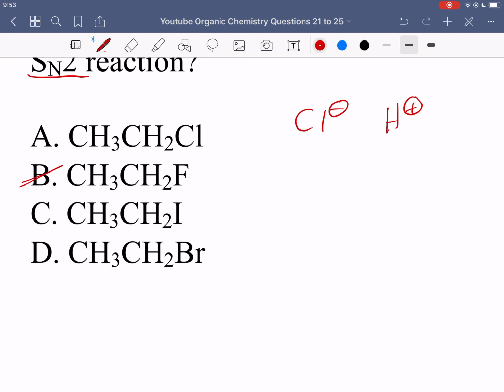Whereas the worst would be the bond to iodine, because of the halides, it is the lowest in the periodic table, and the trend is that as you go down, the atomic radius increases.